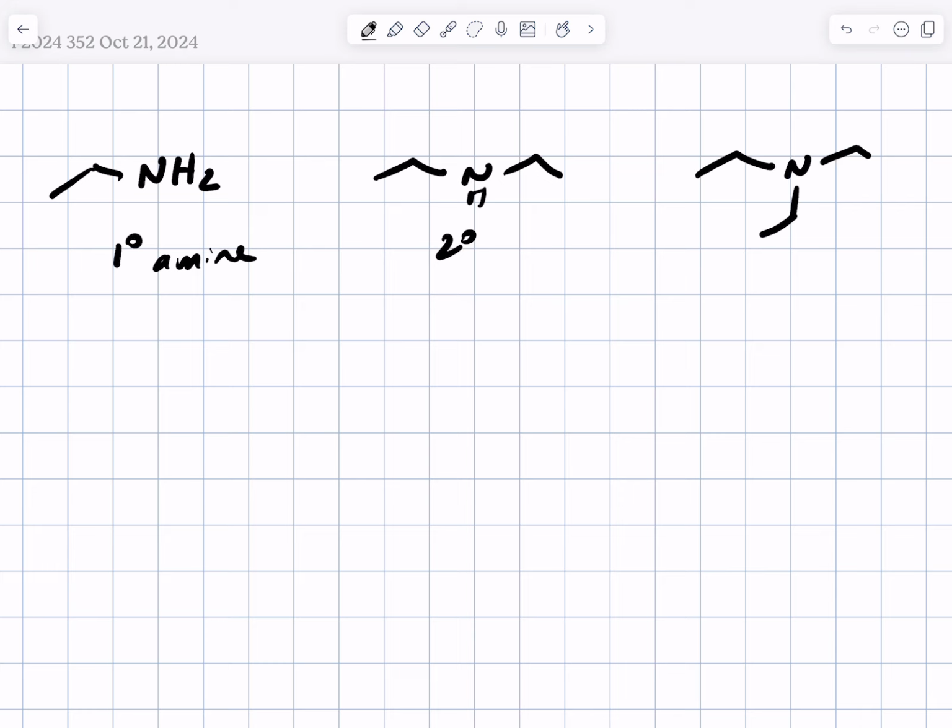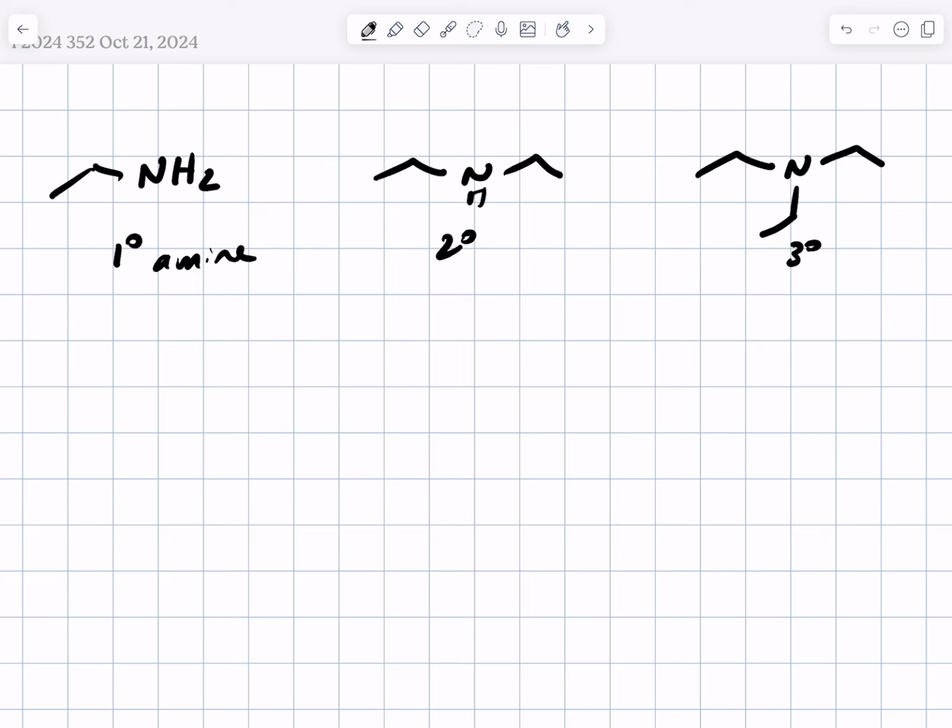But to begin with, amines are molecules with nitrogens in them in general. And though they can vary a lot in context, you're of course used to the idea of a primary amine versus a secondary amine versus a tertiary amine.